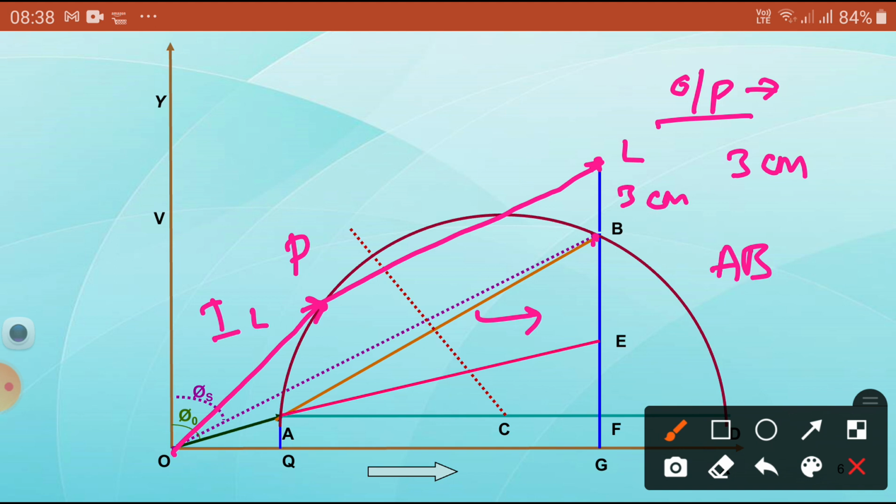This output line touches two places. Since the slip is very low initially, you just take P in this corner. So P is located, then join OP, which is the full load current value. If you measure the length OP and convert by the current scale, you get the full load current at that condition.